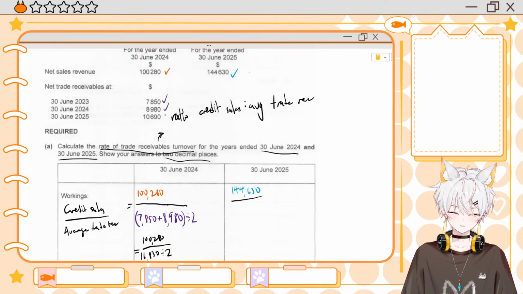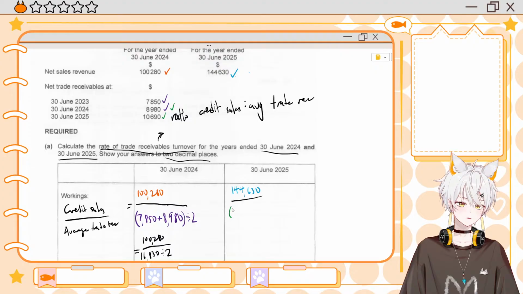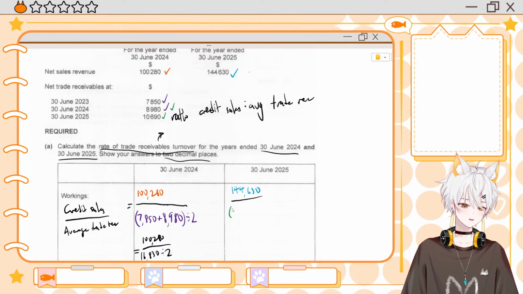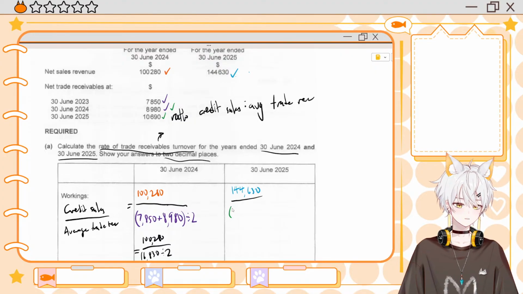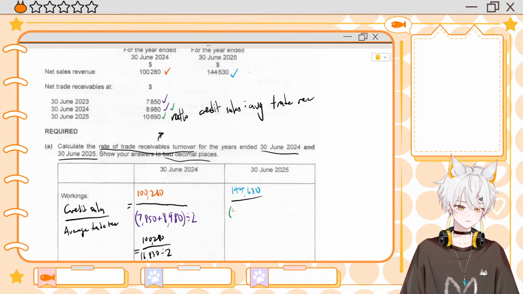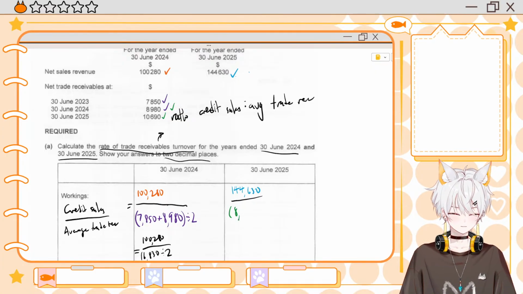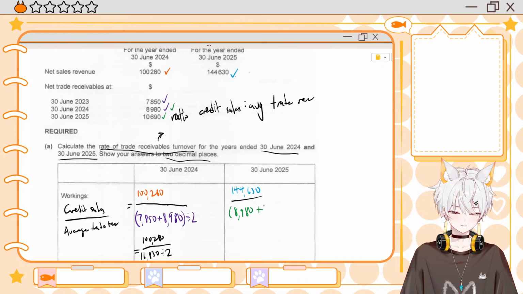Hopefully it's fine. Okay, yep. So the average trade receivables for 2025 would be 8980 plus 10690, the whole thing divided by 2, right? So 8980 plus 10690 divided by 2.